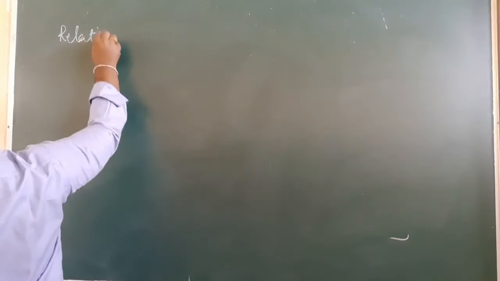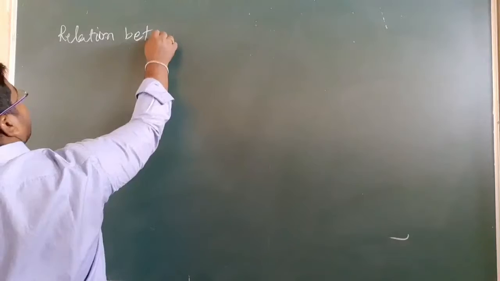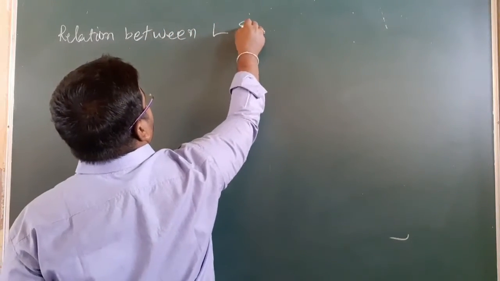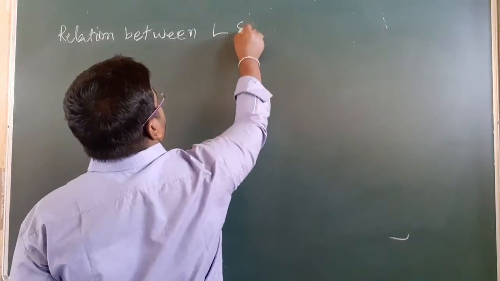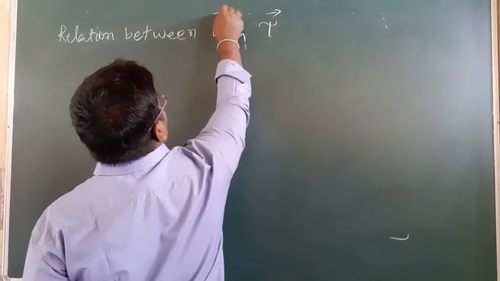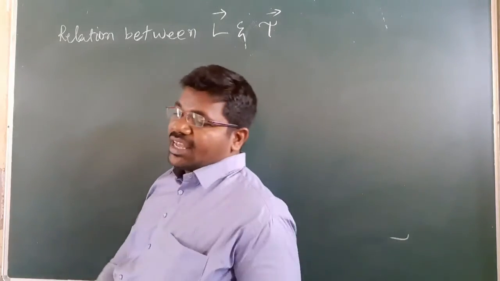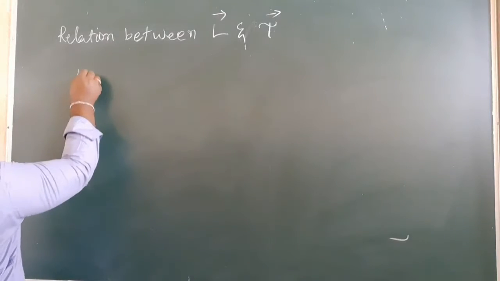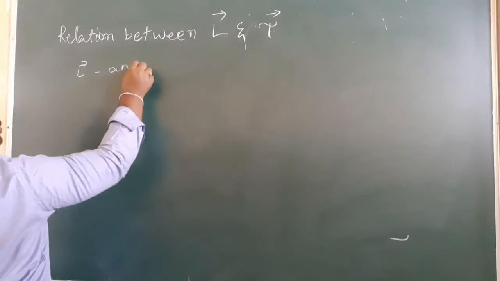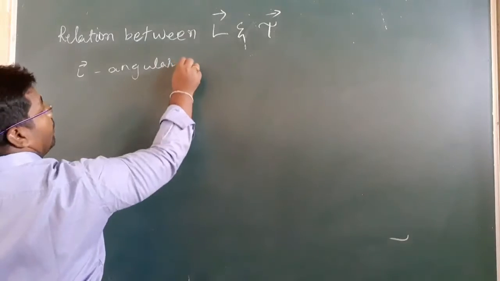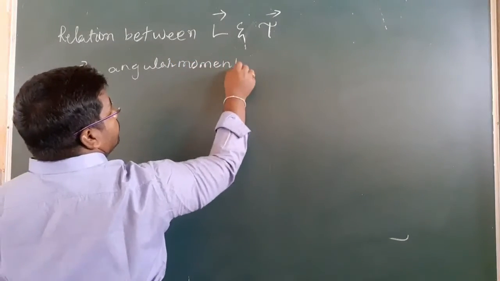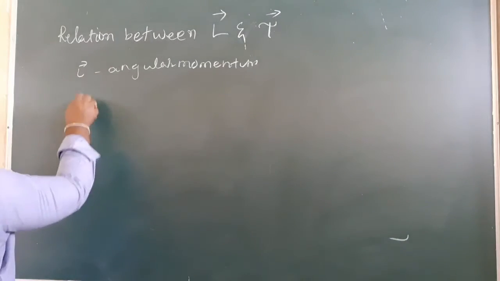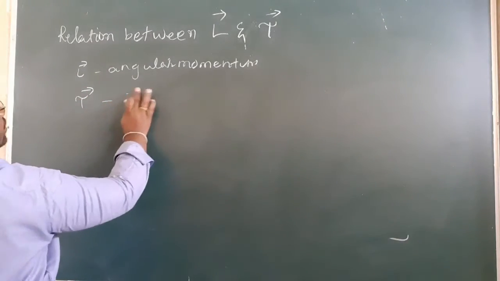The relation between angular momentum and torque magnitude. L is angular momentum, and tau is moment of force or torque.